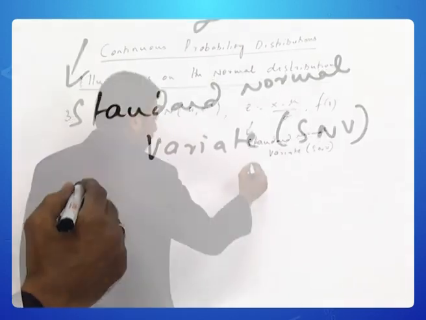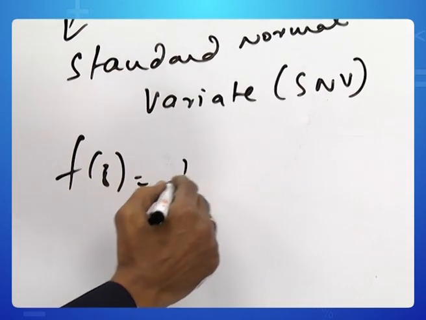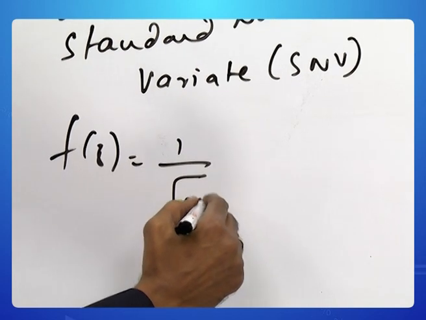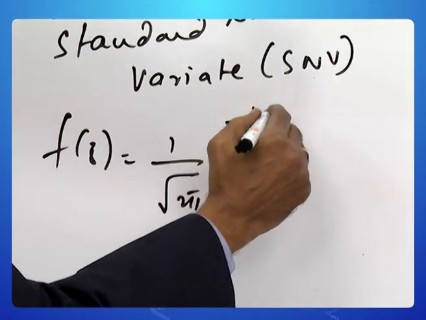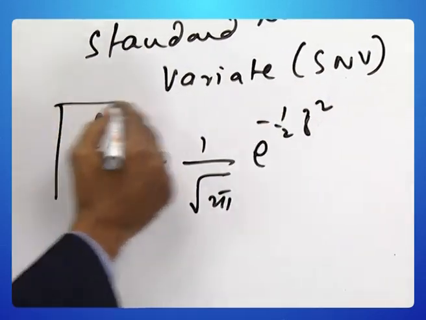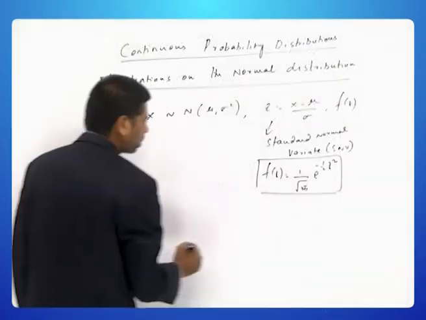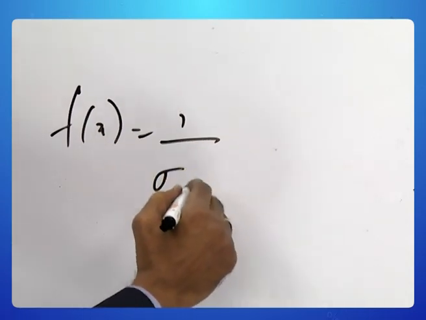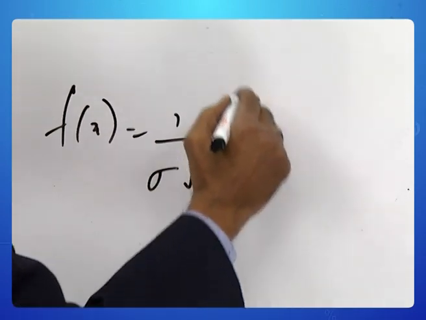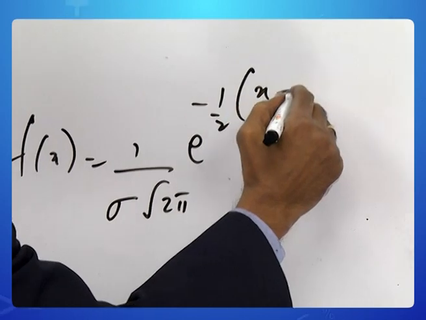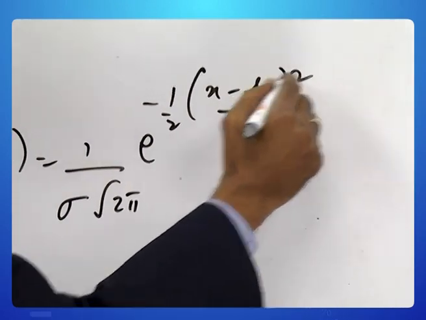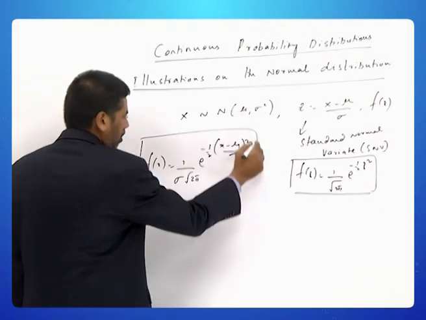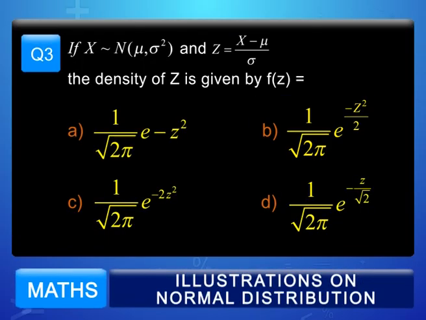The density function of z will be 1 by square root of 2 pi e power minus half z squared, corresponding to the density f of x is equal to 1 by sigma root 2 pi e power minus half x minus mean by standard deviation whole squared. So this corresponds to option B.